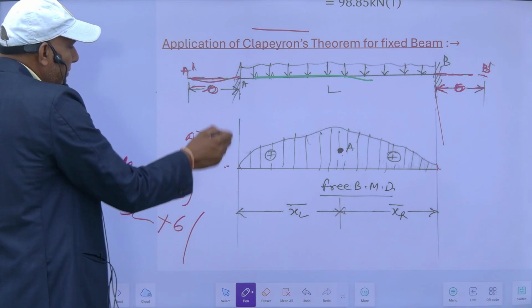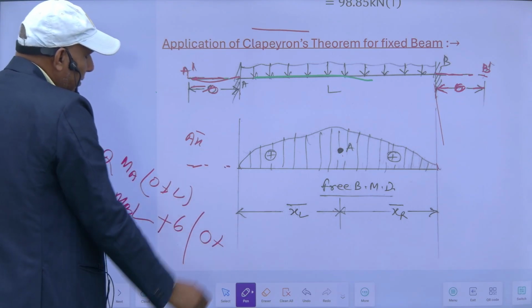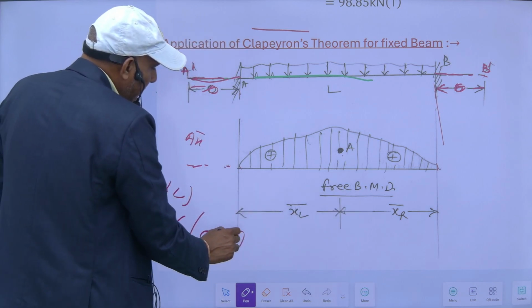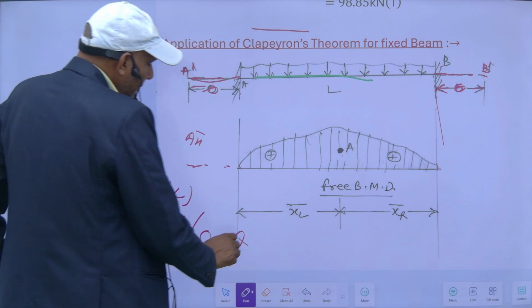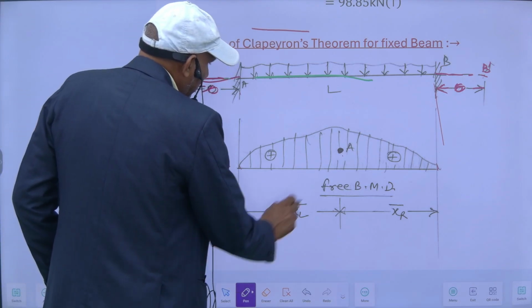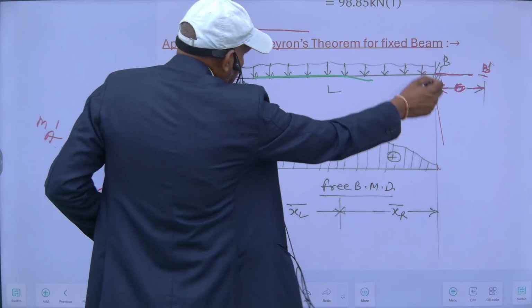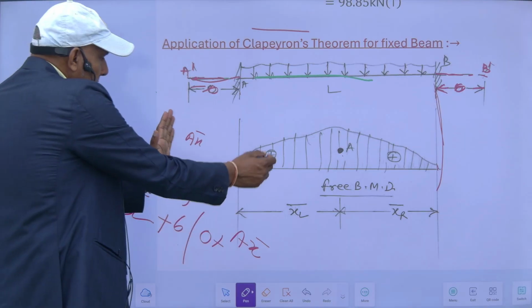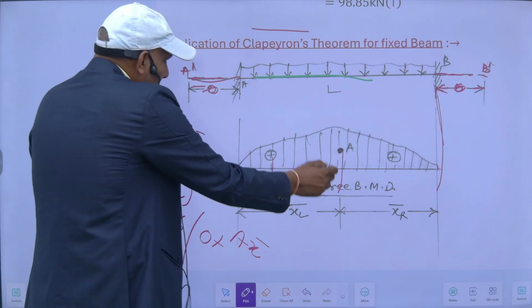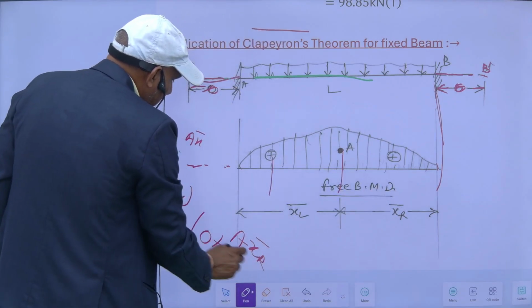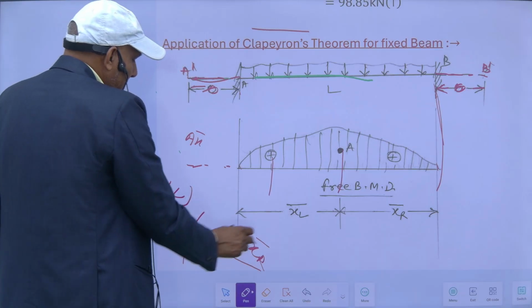A x bar for this portion will be 0, plus A2 x2 for this portion. Its distance will be x1 and x2, so this will be x right upon L1.